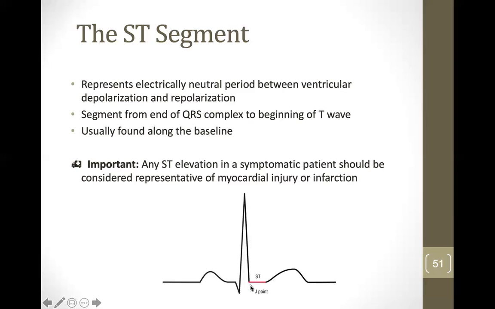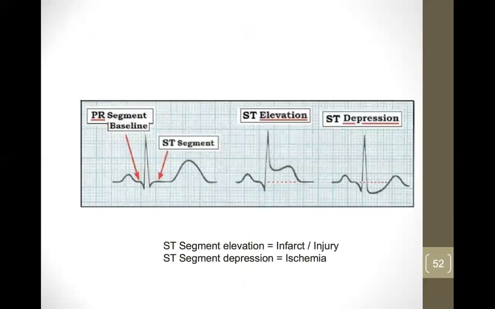If instead it was below the baseline, it's called ST segment depression, which shows that there is a lack of blood flow, bringing a lack of oxygen to the heart at that particular time. So you can actually tell a lot about what's happening in the heart by looking at the amplitude of this ST segment, which I think is fascinating, that we discovered this back in 1924. So just looking at here.